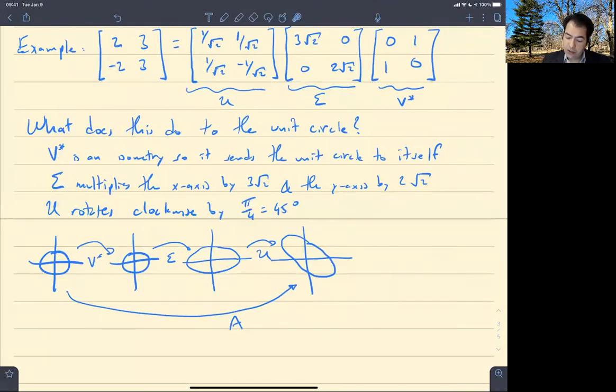Then you can see that you're going to take the unit circle and end up with some sort of ellipse, rotated, and the singular values are going to be the size of the axes of the ellipse, right? So the principal axis and then the next principal axis and so on. So you're going to end up with, in higher dimensions, some sort of ellipsoid thing. And how much it stretches in different directions, that's given by the singular values of your matrix.